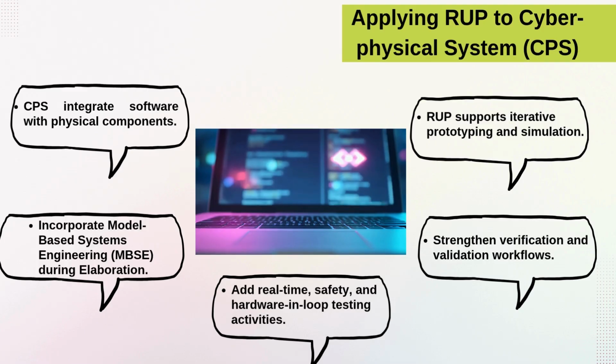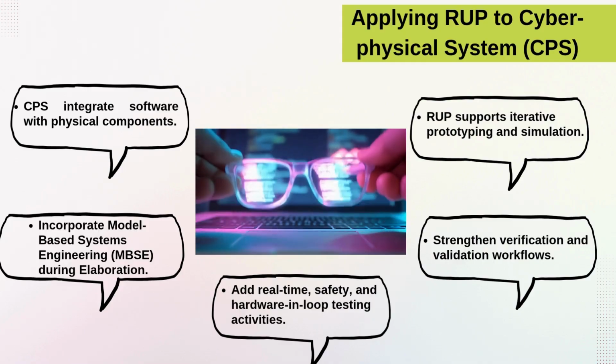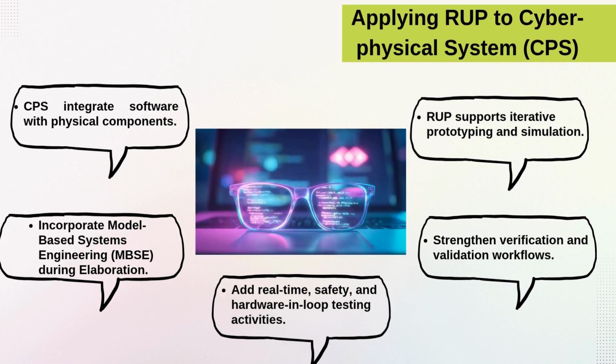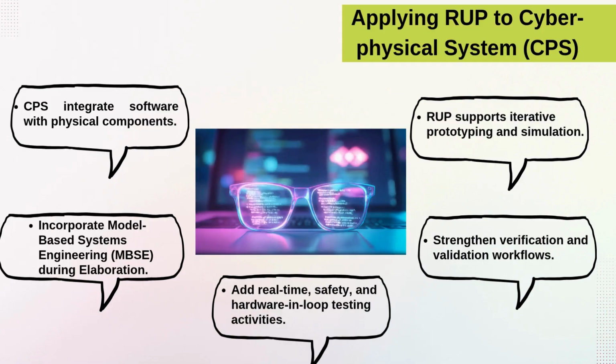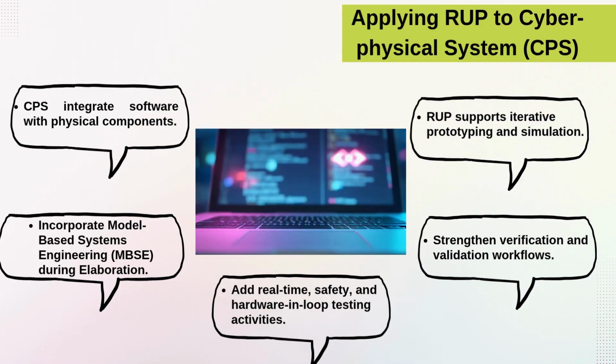During the elaboration phase, engineers can apply model-based design to simulate how hardware and software interact. Verification and validation activities should also include real-time and hardware-in-the-loop testing to ensure realistic performance, extending configuration management to physical components and maintaining strict traceability between requirements, architectures, and tests.